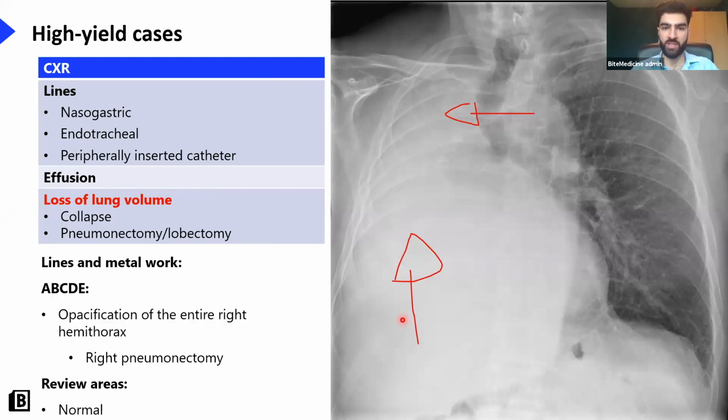So this is a pneumonectomy. Again, this is how you describe it: opacification of the entire right hemithorax with surgical clips suggests the patient has had a right pneumonectomy.